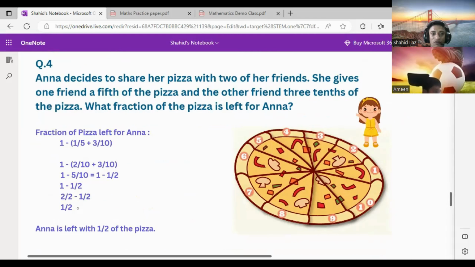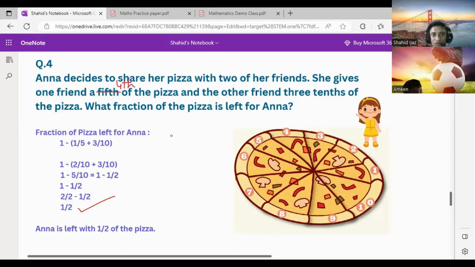You also solved exactly like this. But let's try. She gives one friend a fifth of the pizza. If I write fourth of the pizza, I am changing the question. How can we write a fourth part of the pizza?